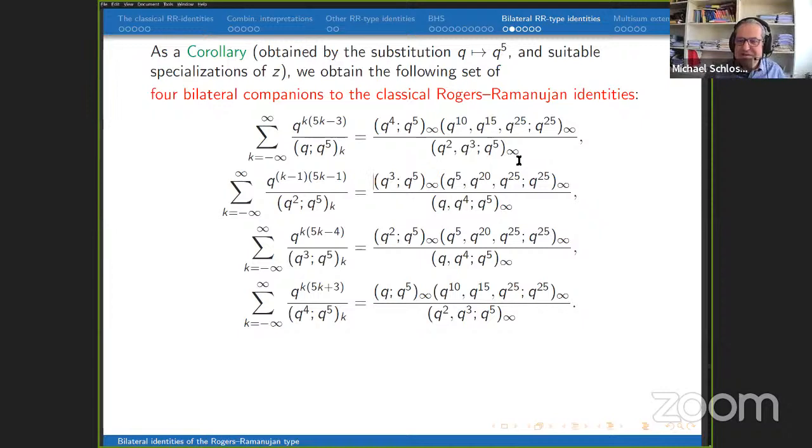Maybe what you're more interested in, may I add something? Tim Hooper has pointed out to me that there's a connection to modular forms of these left-hand sides. So these are like modular forms of weight 1/5 or so.